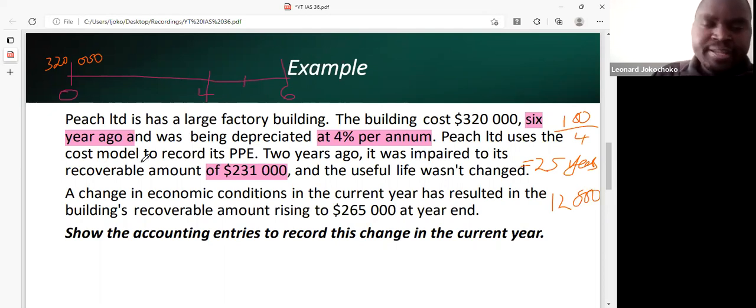Therefore, if I am to calculate the carrying amount without impairment, I would say 320,000 minus the depreciation for 6 years. Remember that every year we're deducting 12,800. And we've used this asset for 6 years.